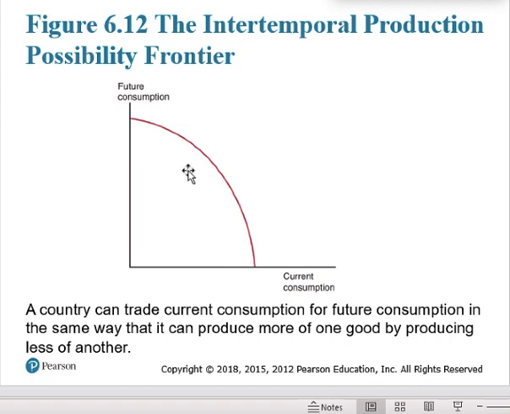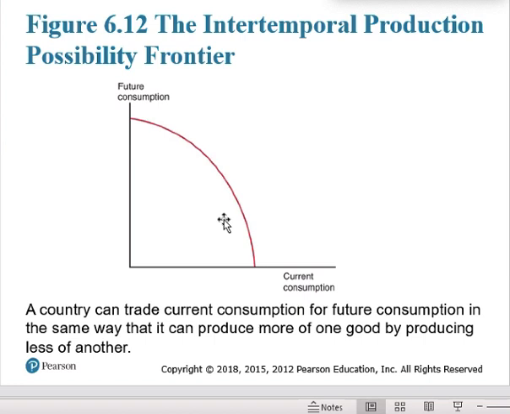Let's take another point to see what happens. Suppose you take the point here. It means that now you produce only this much, and you sacrifice consumption today, this much production today, in order to gain that much in the future.